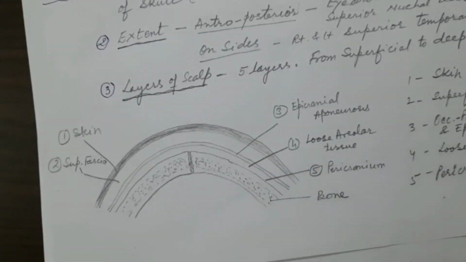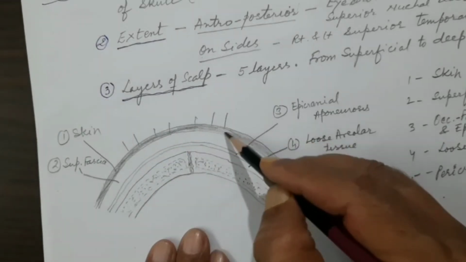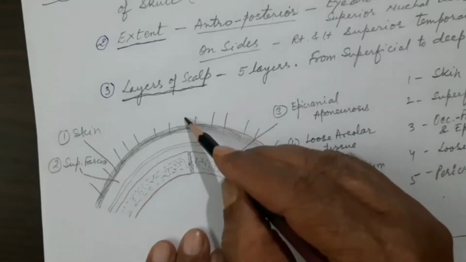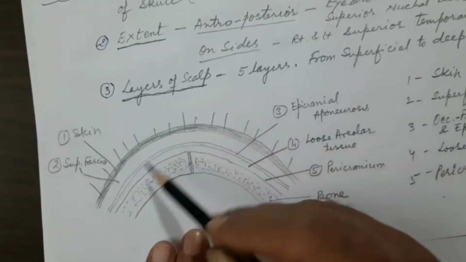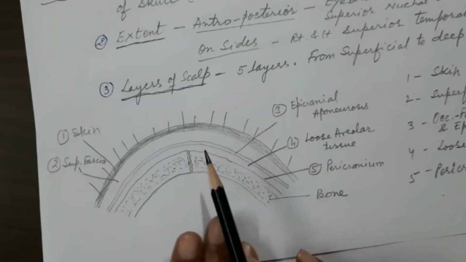As I said, there are plenty of hairs, so the skin contains lots of sebaceous glands. I am roughly drawing a few hairs taking origin from the skin.